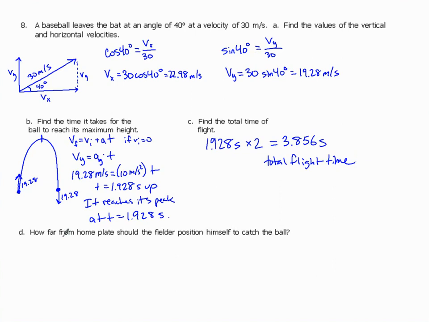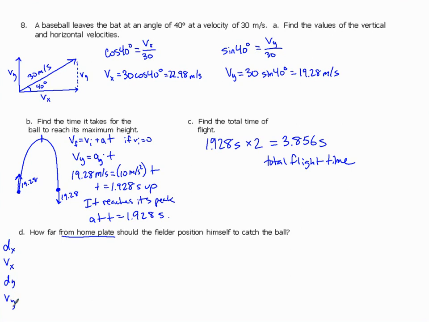How far from home plate should the fielder position himself to catch the ball? So remember, we have 4 basic things that we look for. Distance in the x, velocity in the x, distance in the y, velocity in the y.